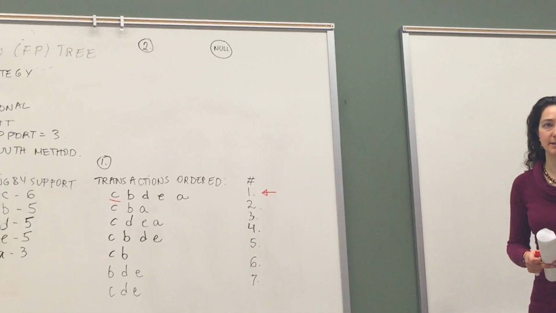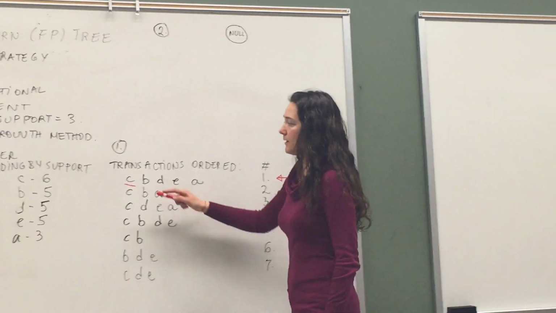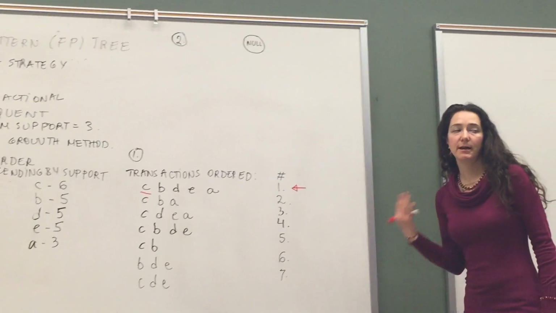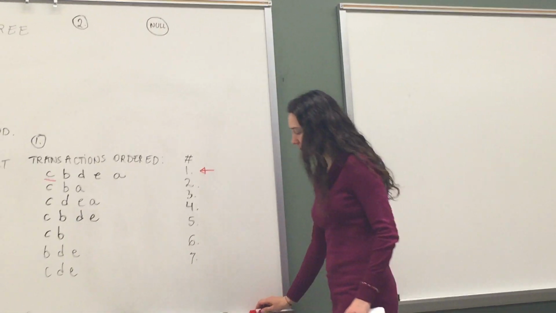If it has a child node named C, we will increment the count for that node. If it does not have a child named C, we will create it.